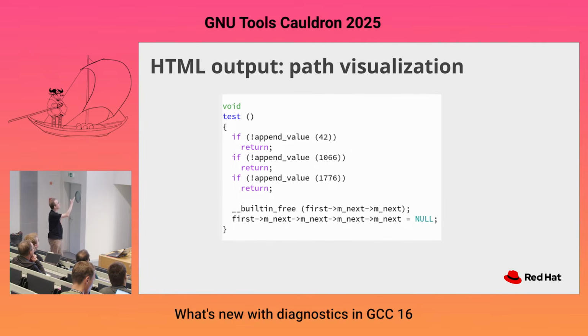So here's a silly example where we're building a singly linked list. We're basically appending three nodes onto a single list where the first is a global variable and we've got next pointers, and then let's just arbitrarily free one of those and then do something that does a use after free at some point in the chain.